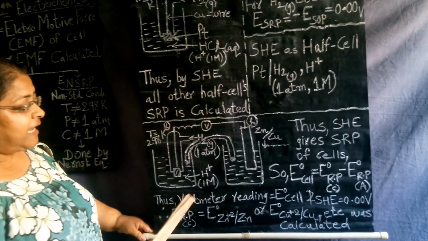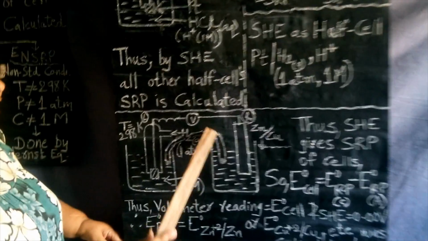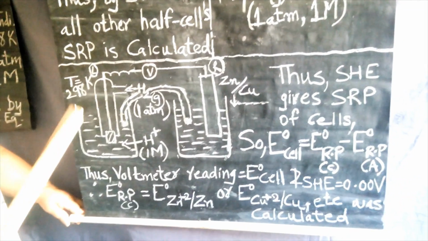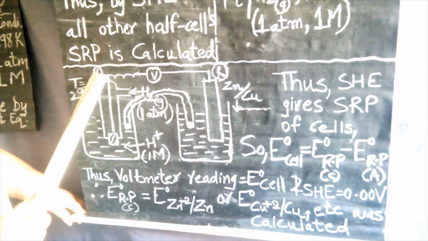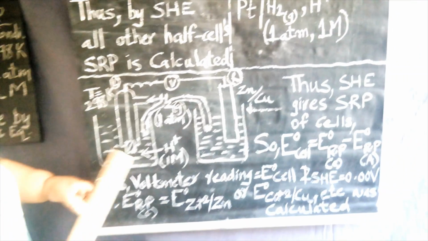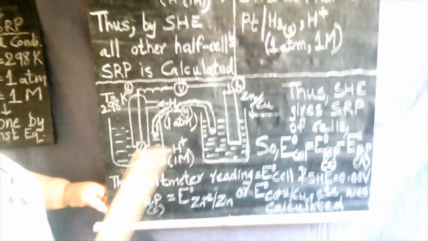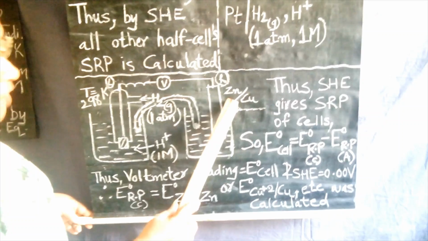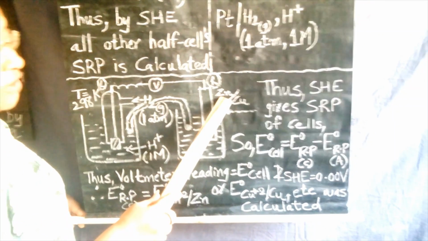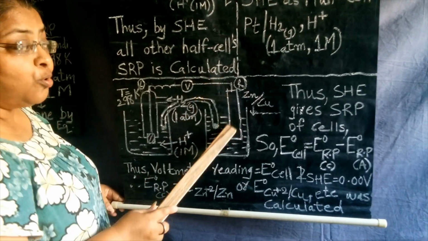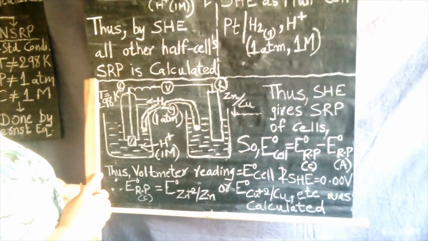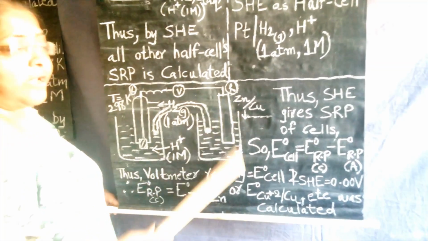Here also you can see a left half cell and a right half cell. Please pay attention here: the left half cell is the standard hydrogen electrode, and the right half cell is either a zinc electrode or a copper electrode or any other metallic electrode whose standard reduction potential is to be calculated.